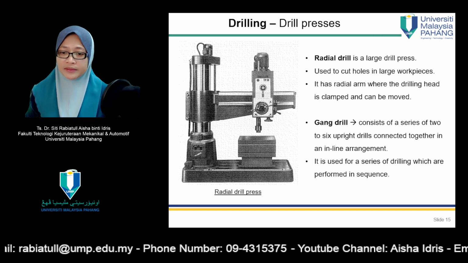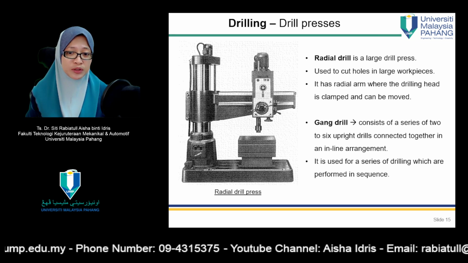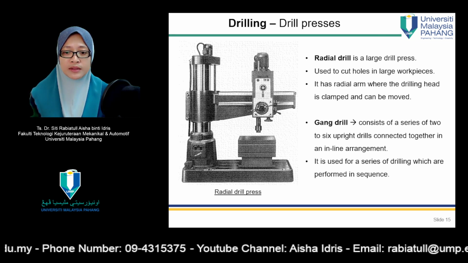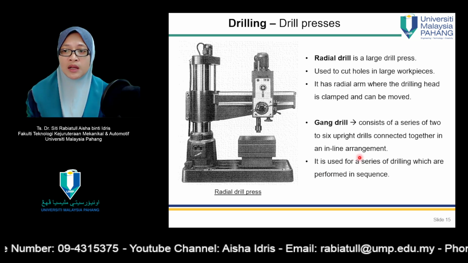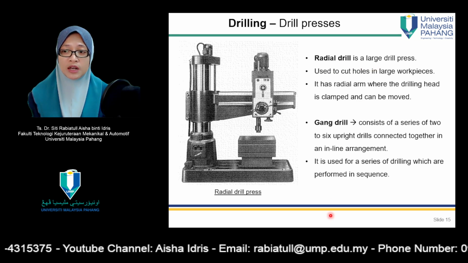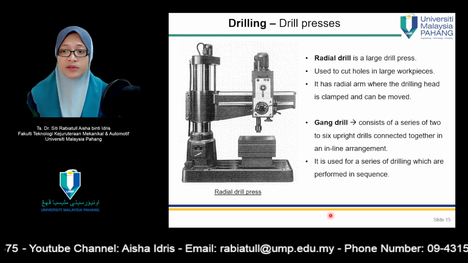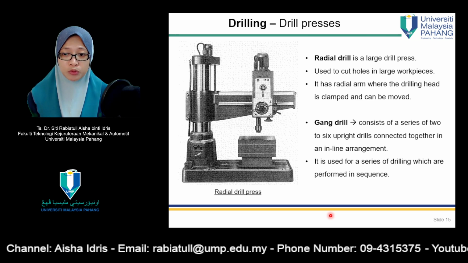Other than that, there is also a drilling machine known as a radial drill press. Radial drill is a large drill press used to cut holes in large workpieces. It has a radial arm where the drill head is clamped and can be moved.